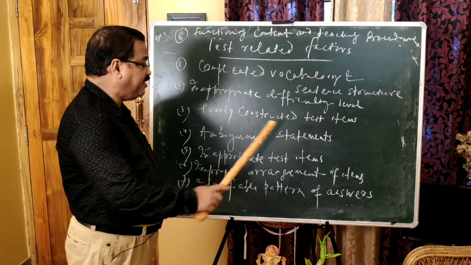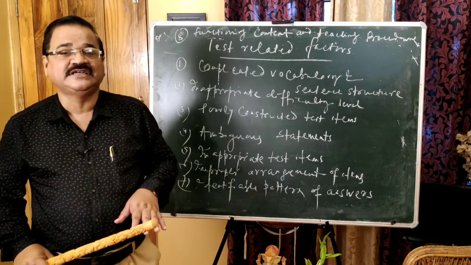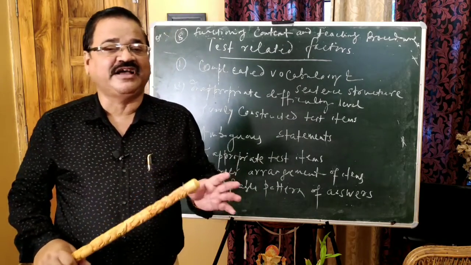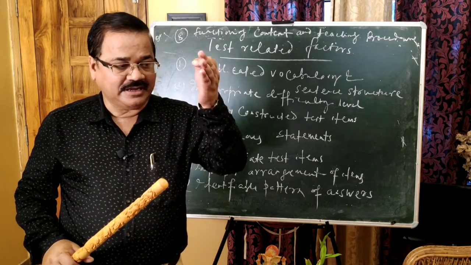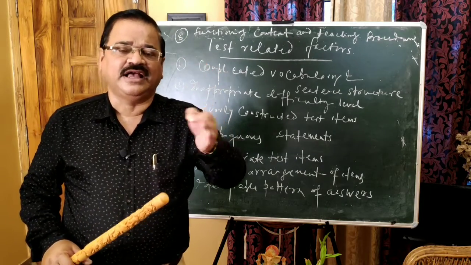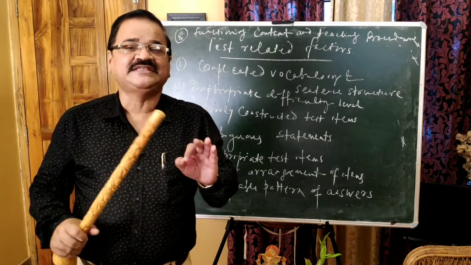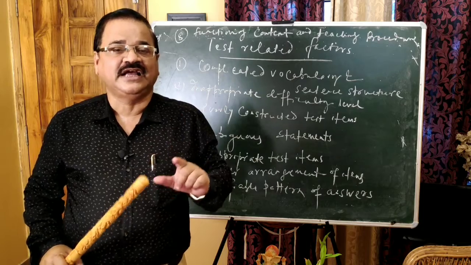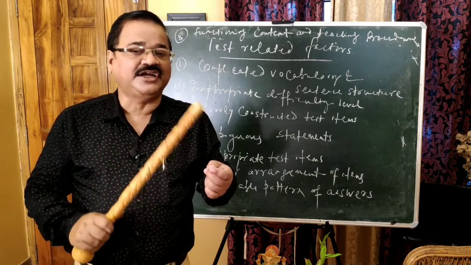Then improper arrangement of items, particularly in objective type questions. Sometimes the test maker gives a fixed alternative as the desired response. A, B, C, D. There are 4 options, and the child has to put a tick mark against the right option.